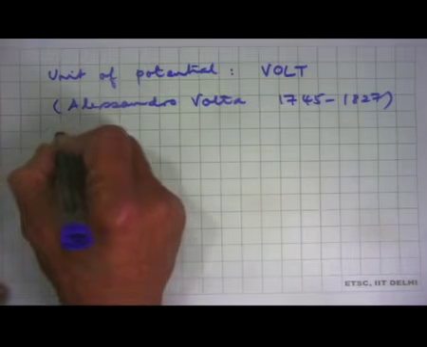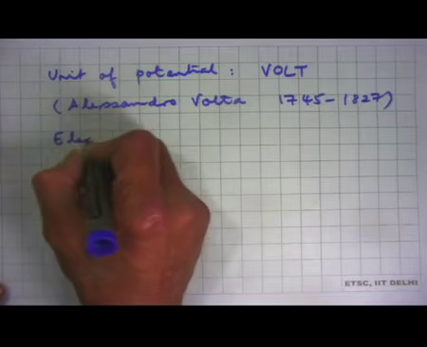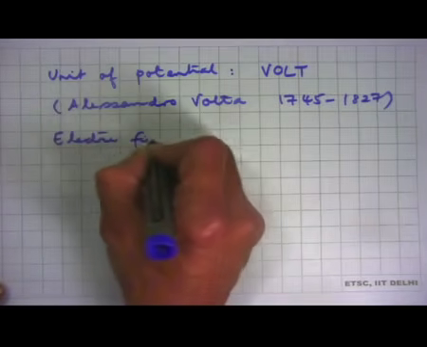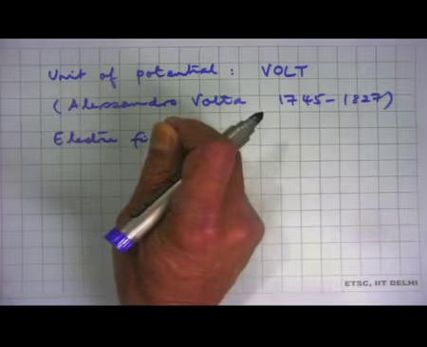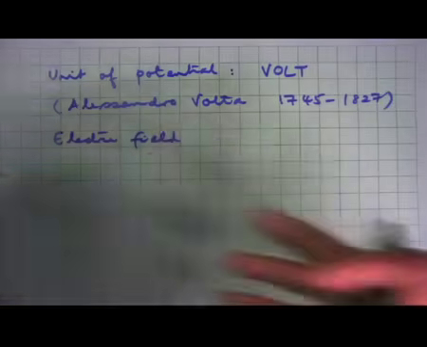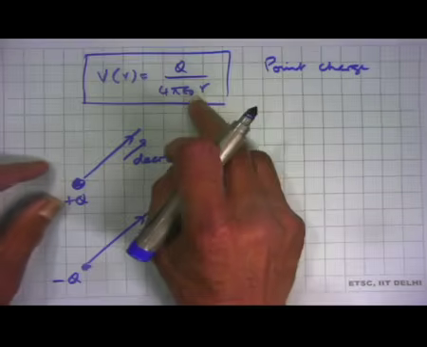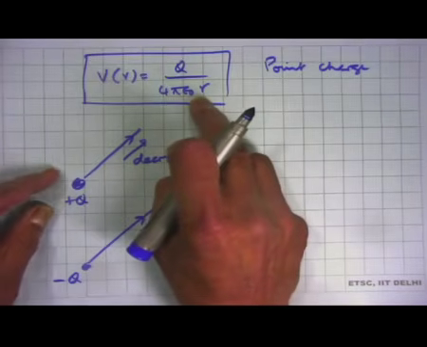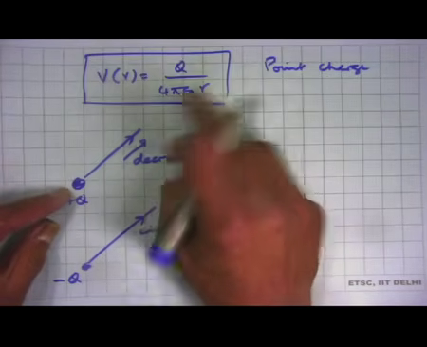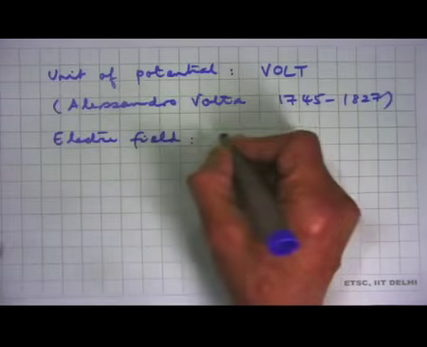So, you can also then find another unit for electric field, because as you can see here, potential is Q by 4 pi epsilon 0 r, the electric field of the charge would have been Q by 4 pi epsilon 0 r square. So, you define an electric field as volt per meter.